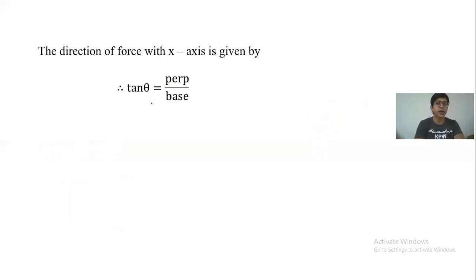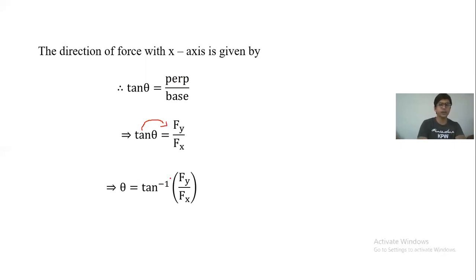As it is a trigonometric ratio, it shows the ratio between the sides, and which sides: perpendicular upon base. Then we can replace perpendicular by Fy and base by Fx, by looking at the diagram, which is the right angle triangle. Then we have to find theta. So this is tangent. When tangent goes to the other side of the equation, it becomes tangent inverse of Fy upon Fx. So this is the formula.